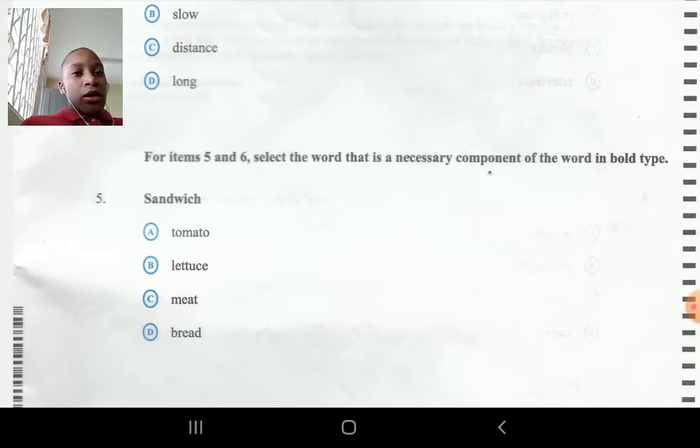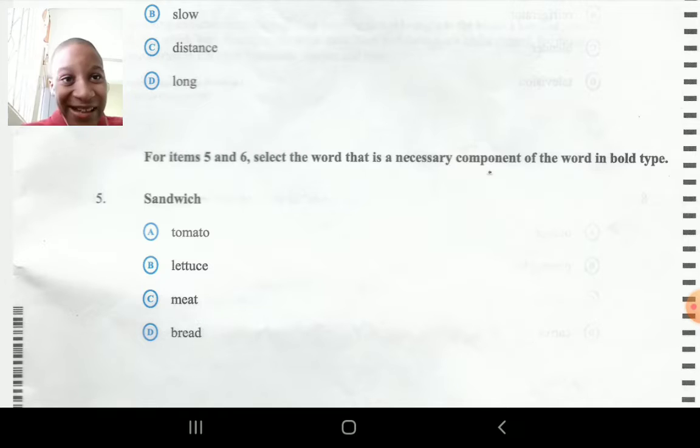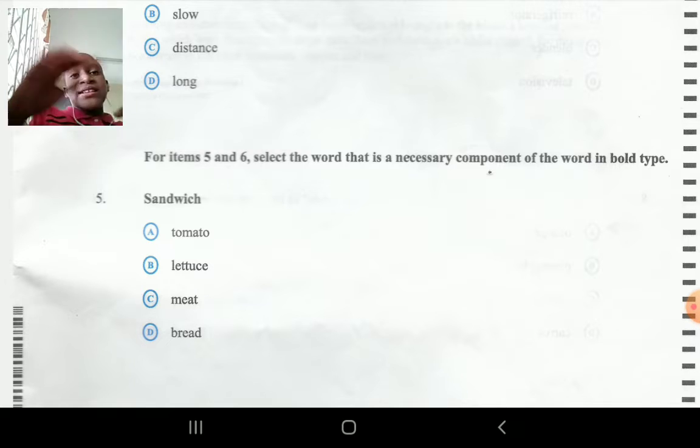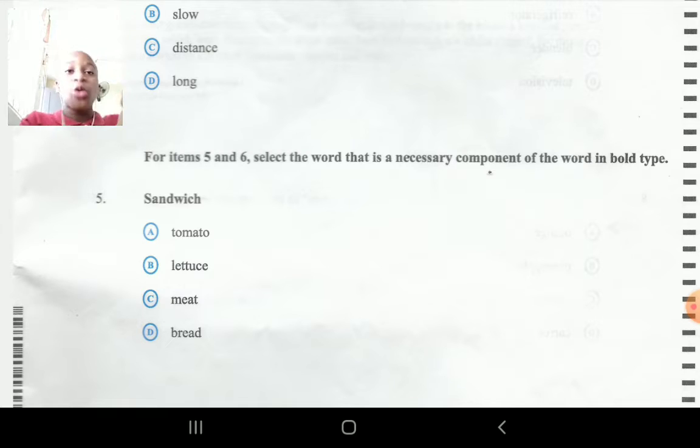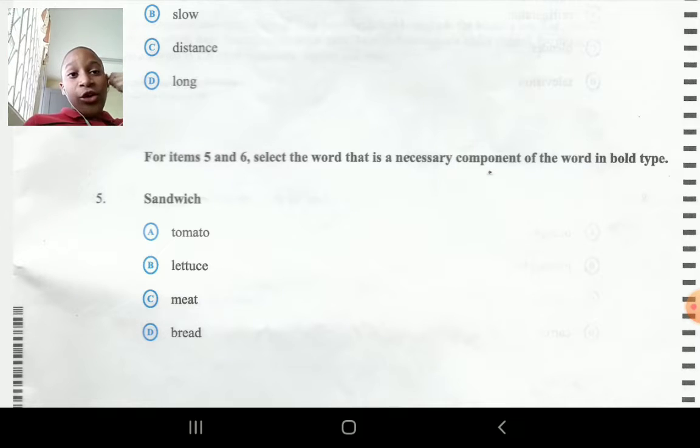So for items 5 and 6, select the word that is a necessary component of the word in bold type. So, sandwich. When you have a sandwich, it's the bread, the meat, the lettuce, bang, sandwich. Cheese also. If you take away the bread from that sandwich, that's not even a sandwich.